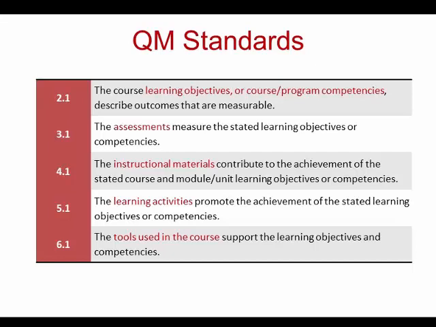So for every measurable objective you put in there, you need to have instructional material aligned to that. We all love to put in a lot of instructional material, like a lot of resources and readings, but we have to pay careful attention that the material we are providing is aligned to our learning objective. And it could be at the module level or unit level, however you're setting up your course. So that is number 4.1.